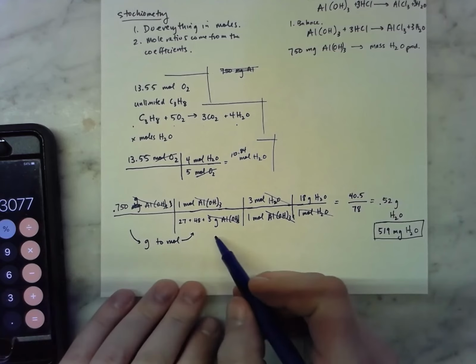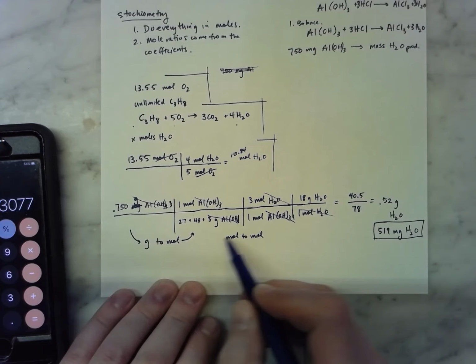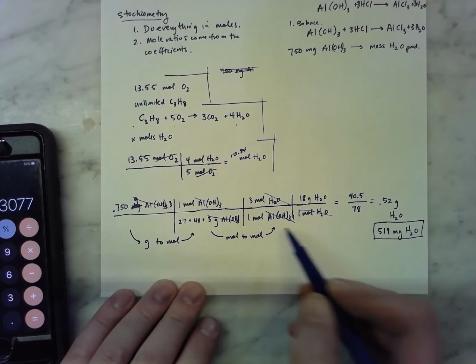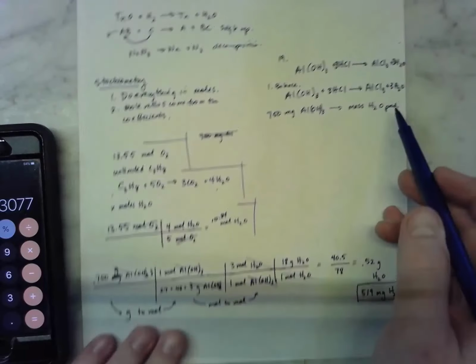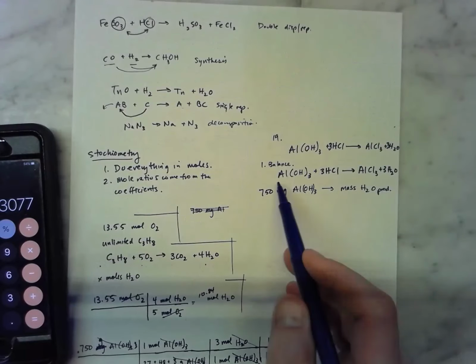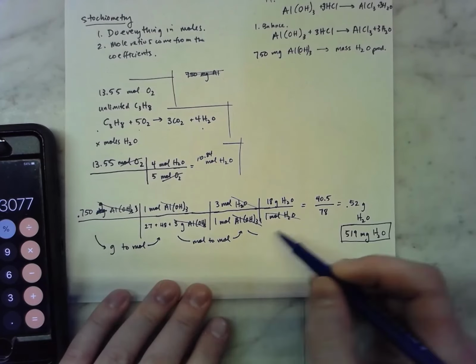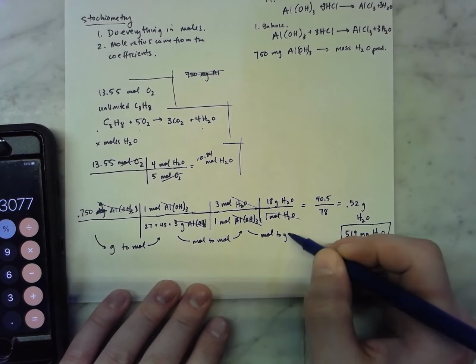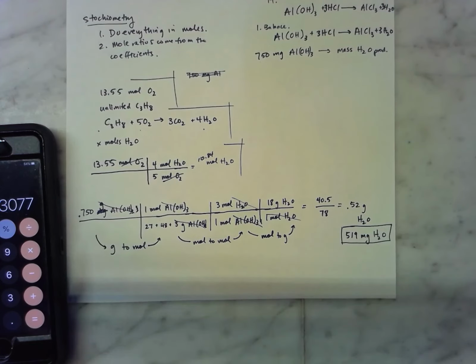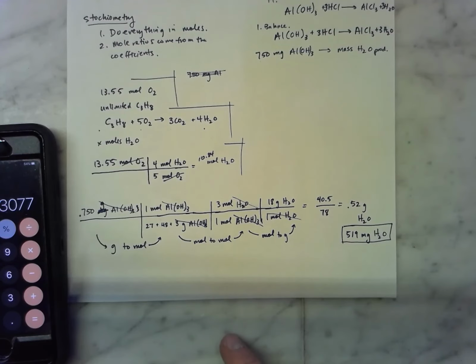And then this is moles to moles, or mole ratio, which we got from our equation up here once we balanced it. And then moles back to grams. Grams to moles, moles to moles, moles to grams. And then everything else is just following the same rules.